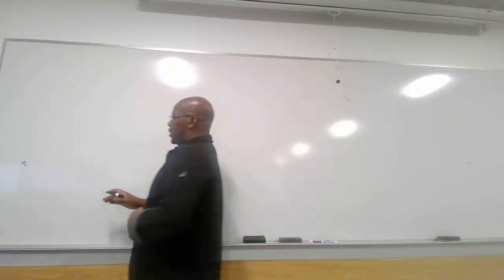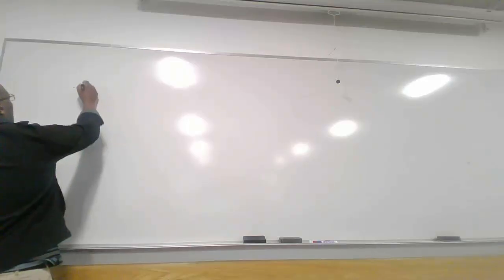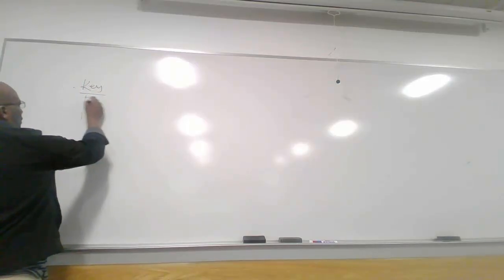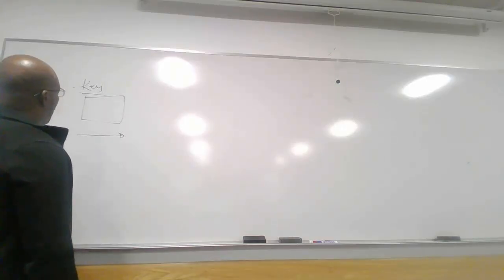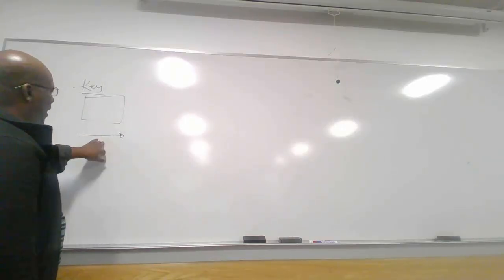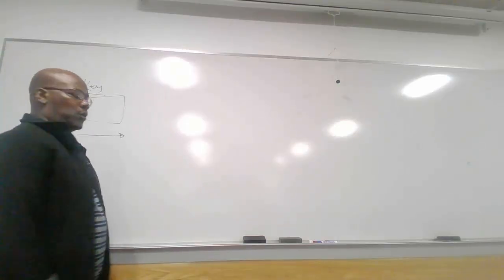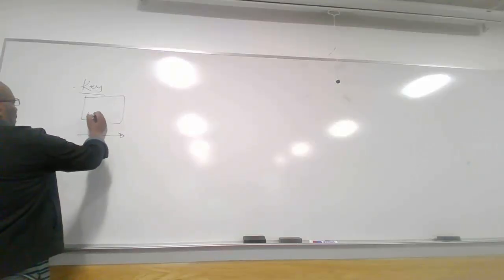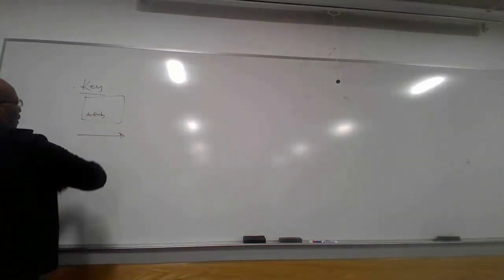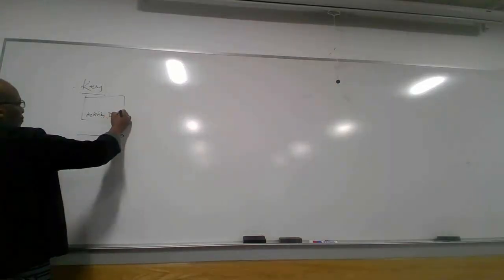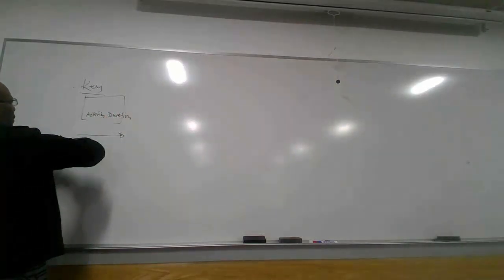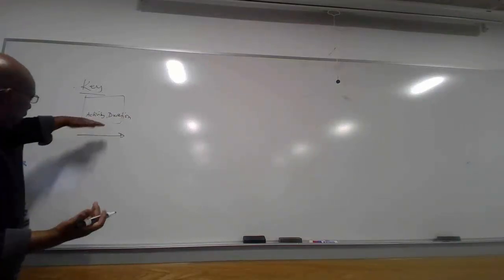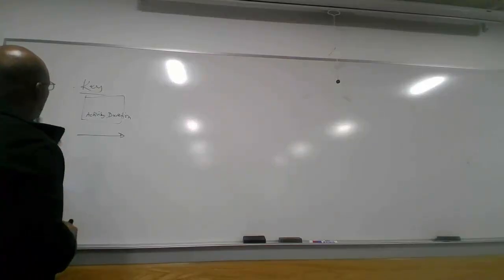So we are going to use, let me put the key, two symbols. One is the node and the arrow, and the arrow will be used to connect. So in this case, we're going to look at activity and duration, and also, let's say activity A, and how long it takes.